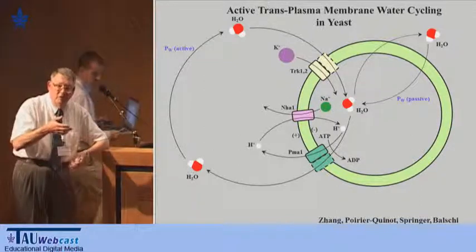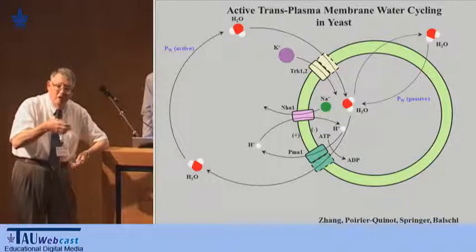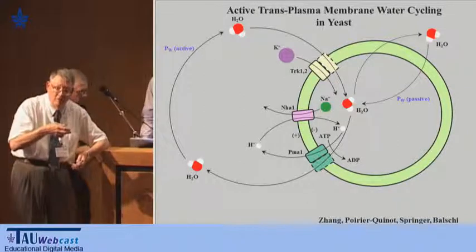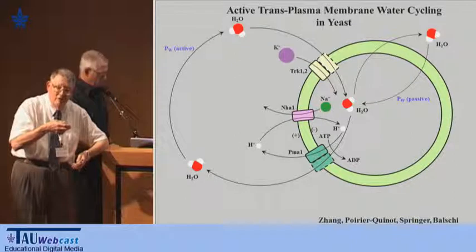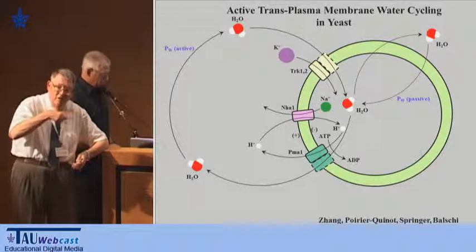Sodium, in most cells, is going back and forth 10 to the 8th molecules per second per cell. And we have some evidence for that. And water is just going with an increased stoichiometry. But you're cycling sodium across your cell membranes very fast right now. But there's no net change in sodium unless you do something really drastic metabolically.